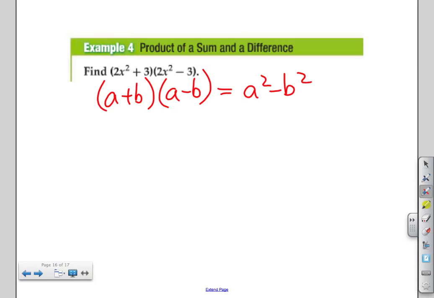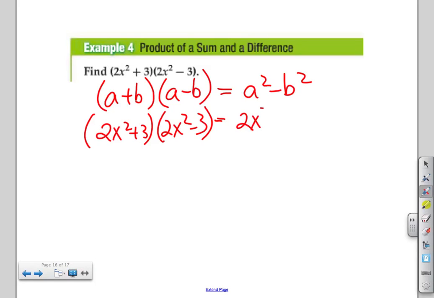Our answer is going to be a squared, 2x squared, right? Because our term is 2x squared, and we have to square that, so it's 2x squared, squared, minus 3 squared. And if you simplify that, you'll get 4x to the 4th minus 9. All right?